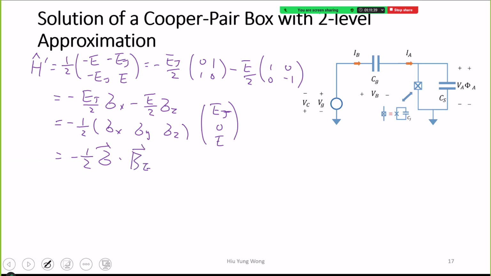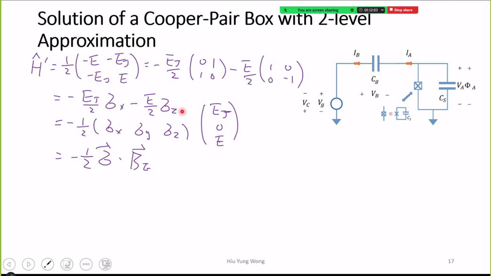This is just the inner product of two vectors. But first of all, are you okay with this one? Row times column, right? So basically, you are just getting sigma x times EJ, and then sigma y times 0, and then plus sigma z times E. That gives you this expression. Is this okay?